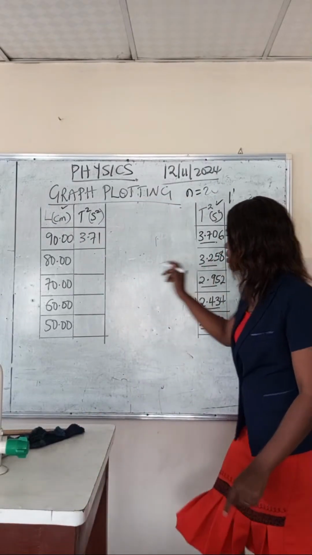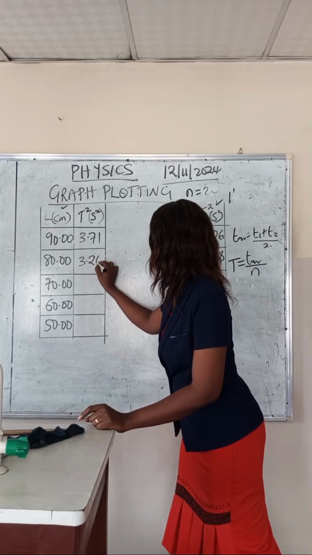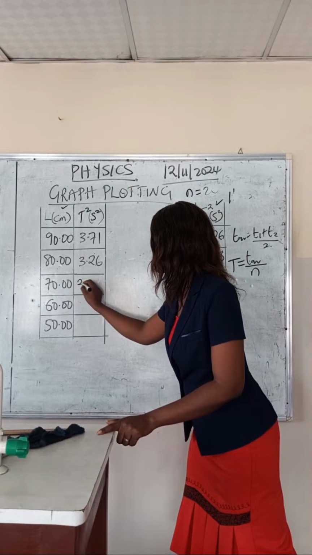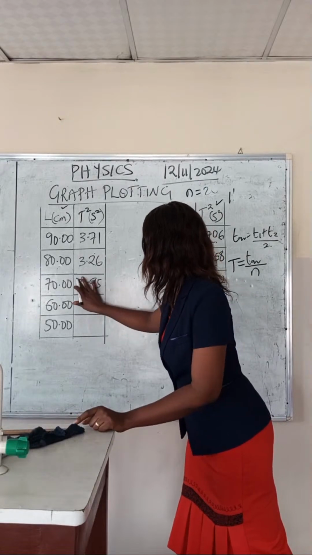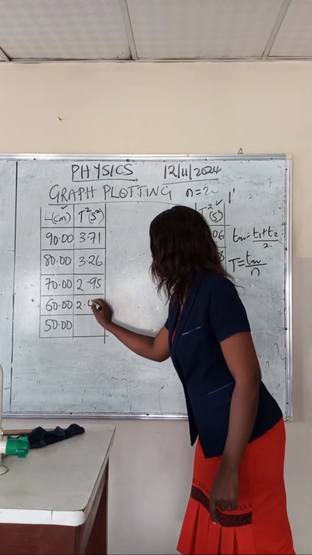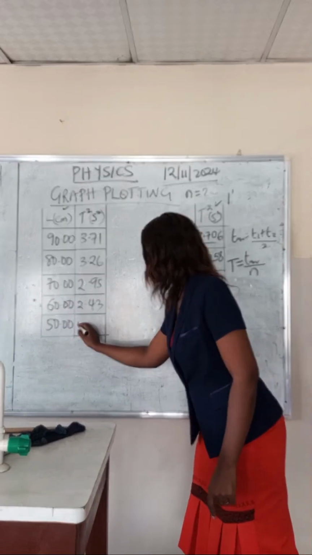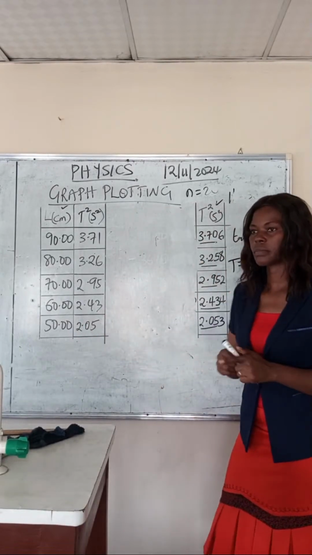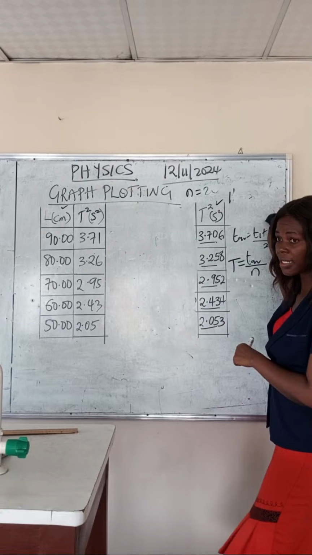This is 3.26. This is 2.95. 2.43. And next? 2.05. Okay.